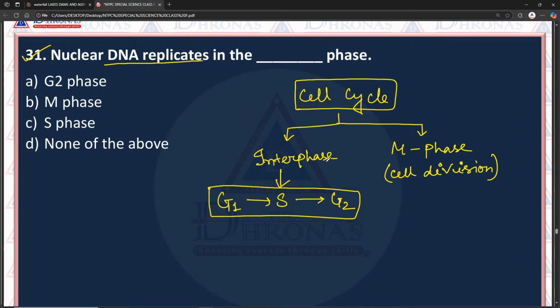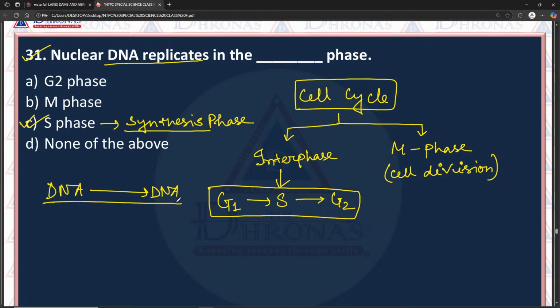Interphase में होता है. Now, interphase में कौन से stage में होता है? S phase में होता है. Synthesis phase. This synthesis phase is responsible for DNA synthesis or DNA replication. डीएनए रेप्लिकेशन मीन्स जो आपके पास एग्जिस्टिंग डीएनए है उसी से एक नया डीएनए मॉलिक्यूल को सिंथेसाइज कर, दैट इज नोन एज डीएनए रेप्लिकेशन.